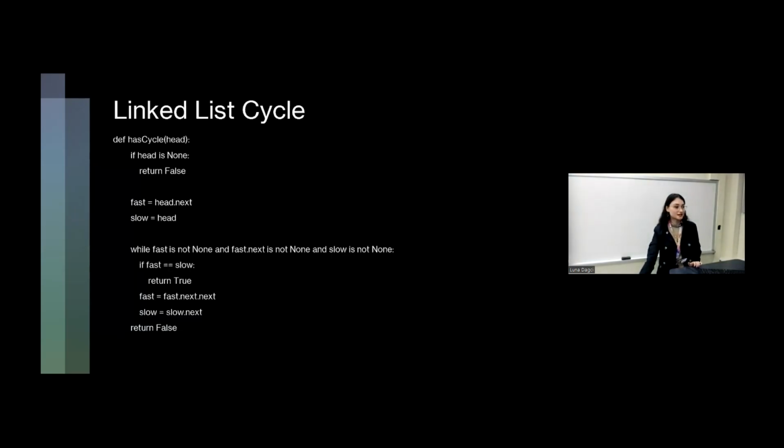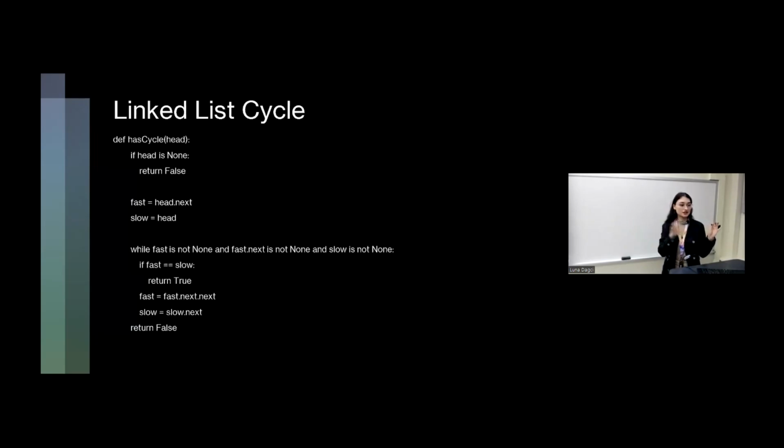Okay, so here's the pattern. If the linked list is null, then we just return false because there's no possibility of a cycle. Fast will start one position forward from the slow one. Slow will just start from the beginning.